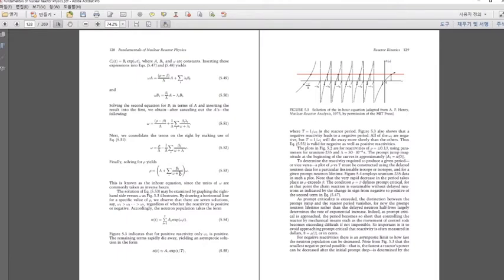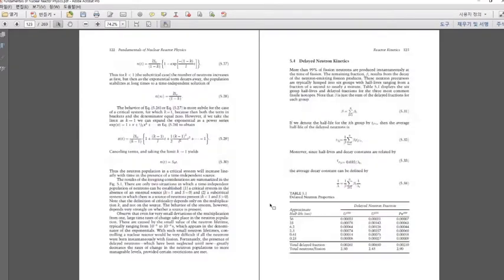So beta i, lambda i, they are all physical quantities that are already fixed and provided in table 5.1. So in the case of uranium-235, we have half-lives corresponding to the 6 groups and beta i's for the 6 groups.